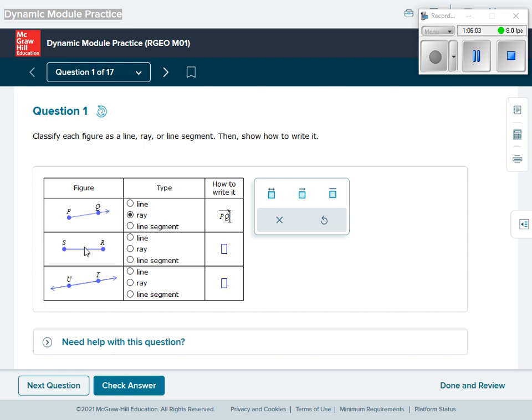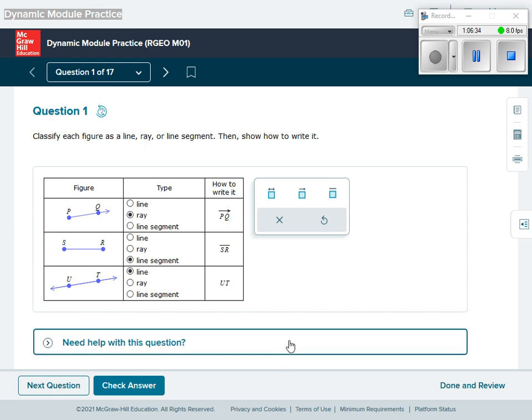We go to the next one on mine. That is a what? That's a line segment. So click on it, go to the box. What two letters am I going to use? S and R. Which one of these symbols? Third one. Go to the next one. This one is a what? A line.